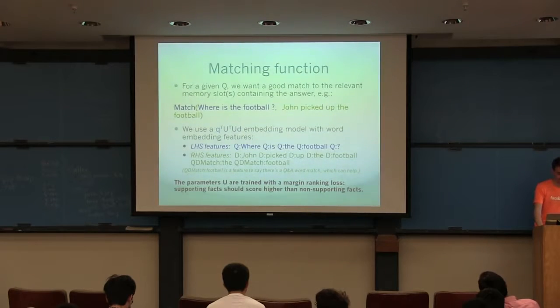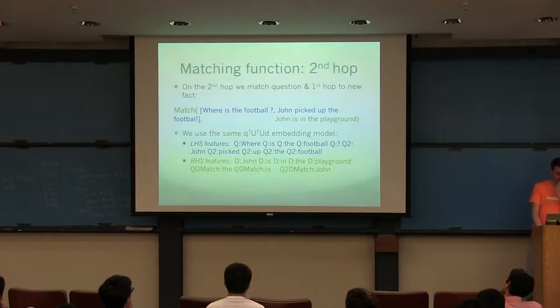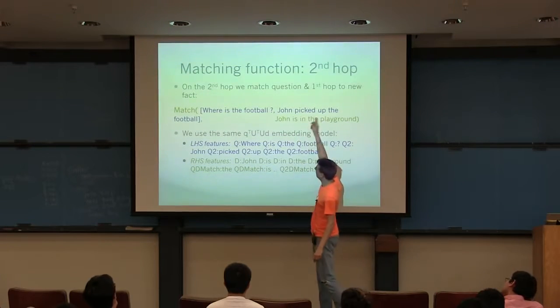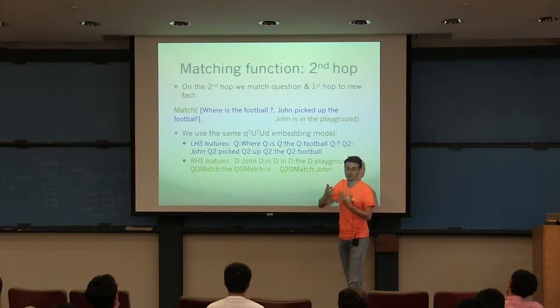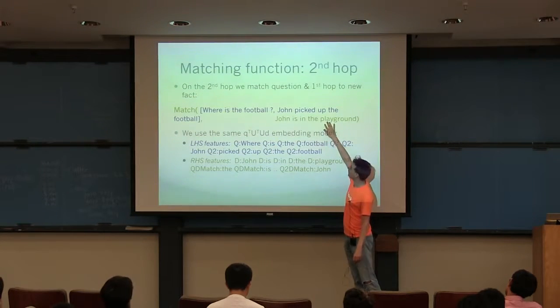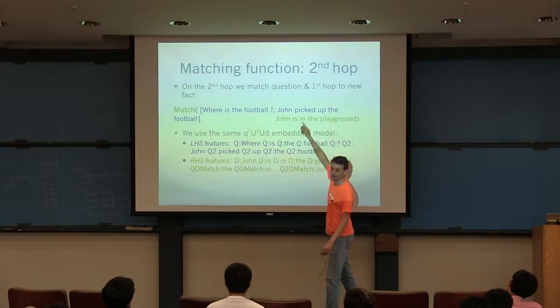But yeah, so those are the features in the first hop, and then after you found that first supporting fact, let's suppose the question is where is the football? John picked up the football was the first supporting fact, and that was found. Now you want to score a second supporting fact, and it's conditional both on the question and that first supporting fact.